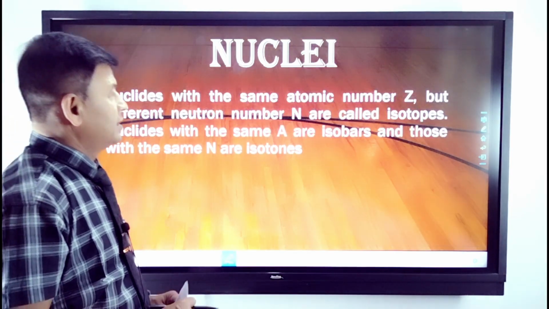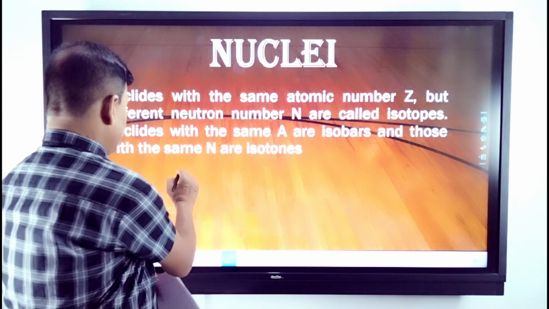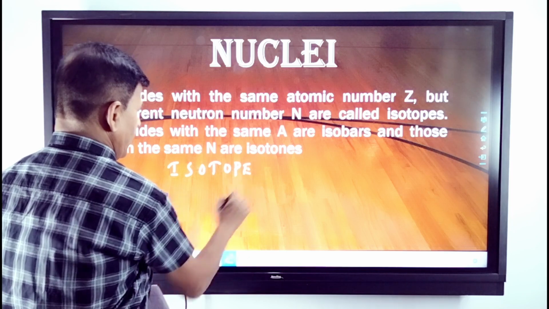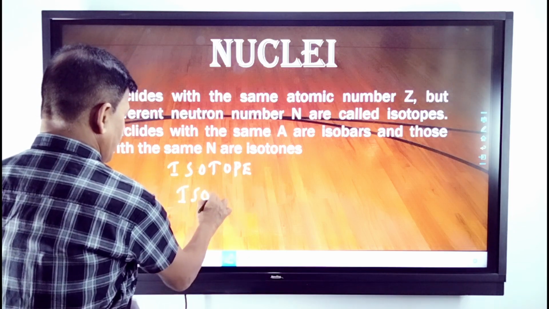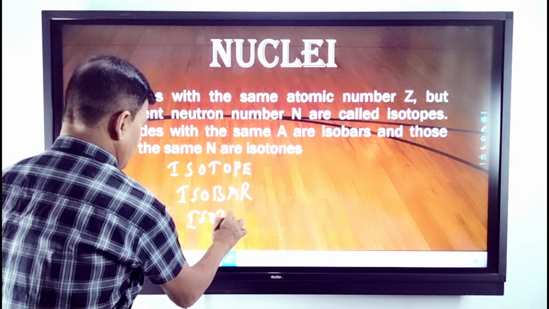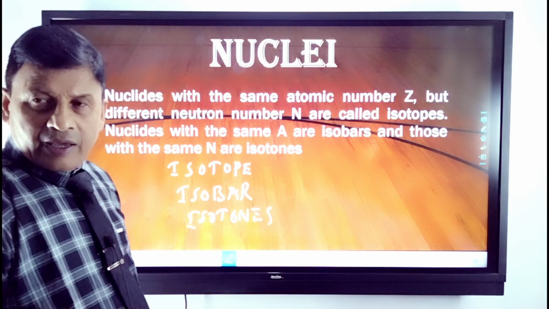Next point. So now we have to define something, say isotope, next isobar, next isotone. Very clear?